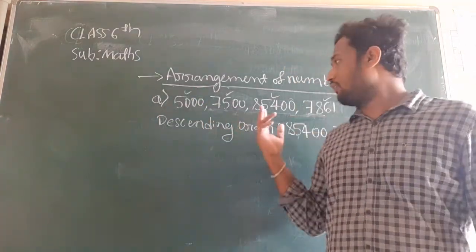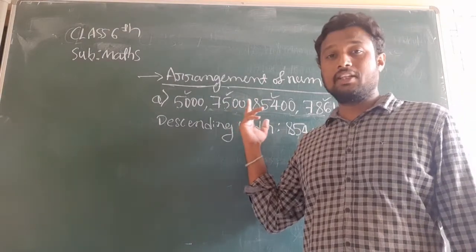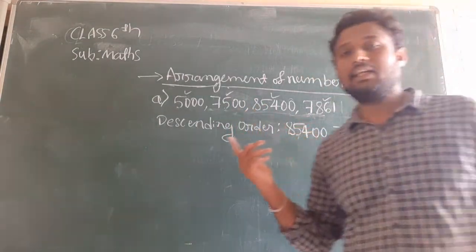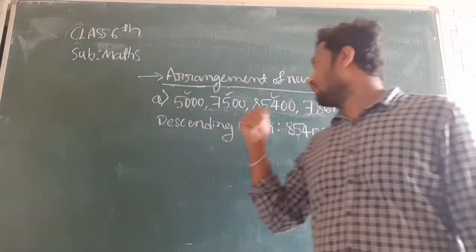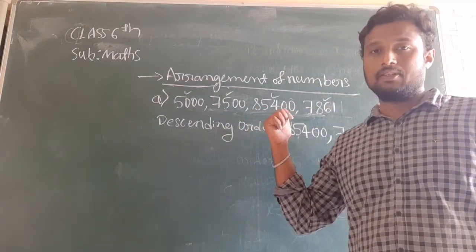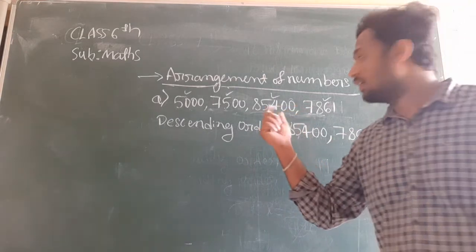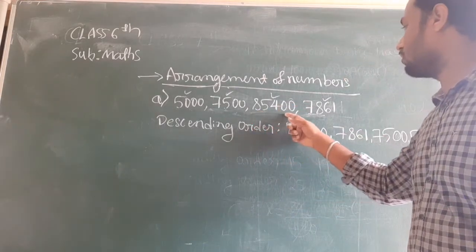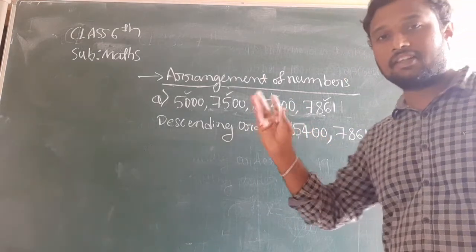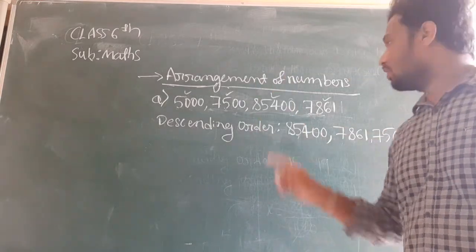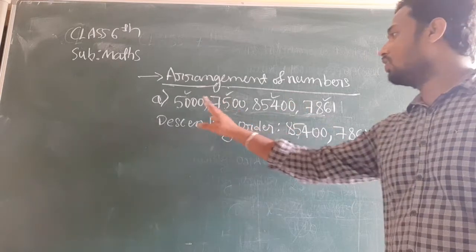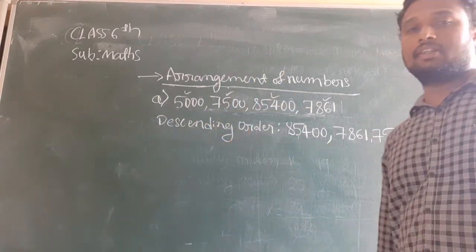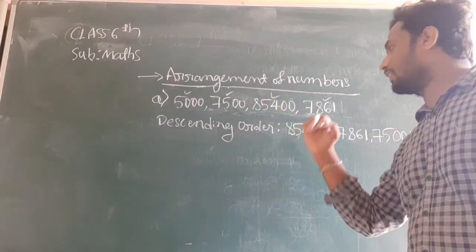Suppose you have different numbers of digits, then directly the number which has the most digits is the greatest value. Here you can see this 85,400. How many digits are there? 5 digits are there. So this is the greatest value, because in the other three numbers only 4 digits are there. So directly you can tell this is the greatest value.